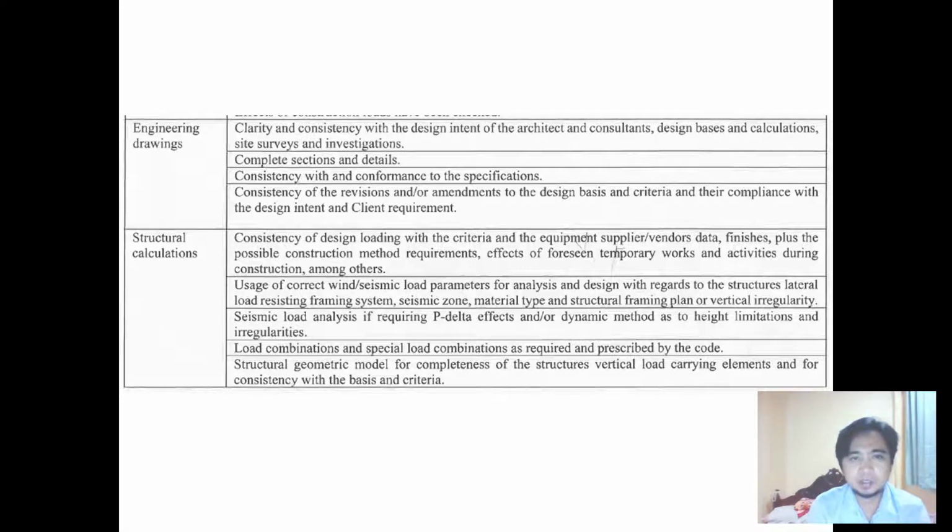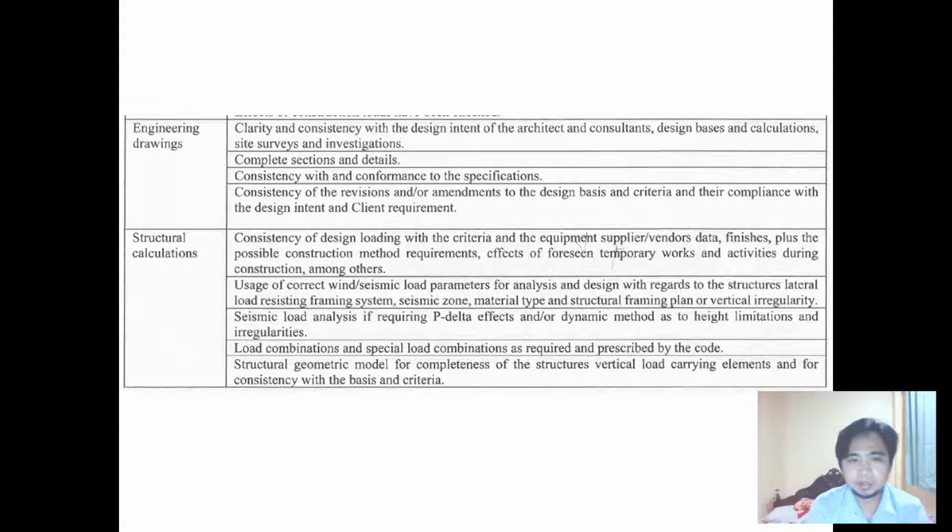So complete section in these details, it should be clear. Okay, so basically the plan should contain all what you need, or all the details you need, even if there is no consultant with you.